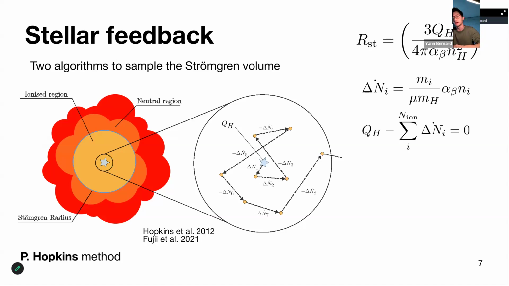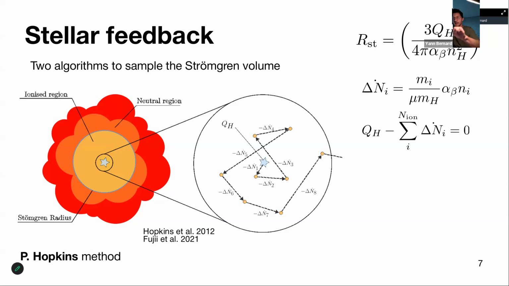formation. And to sample that, you have a few algorithms, but the first one that I chose to use is the method developed by Philip Hopkins in 2012, where he chose to resolve the Strömgren radius, so the boundary of this volume, by distributing the ionizing photons of the massive stars, QH, to every particle that is close to these stars in a sequential manner.